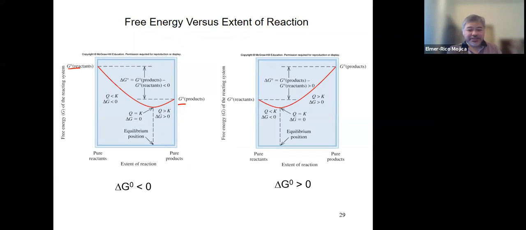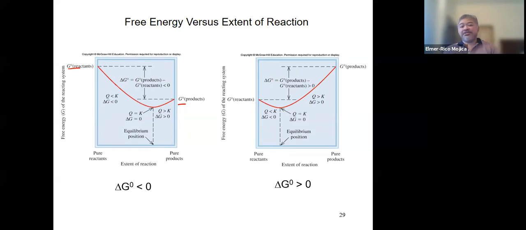Remember, how do we describe a spontaneous process? It happens on its own. This illustration shows that it produces free energy, so it can happen on its own. But this one needs energy, it needs outside intervention for the reaction to proceed.